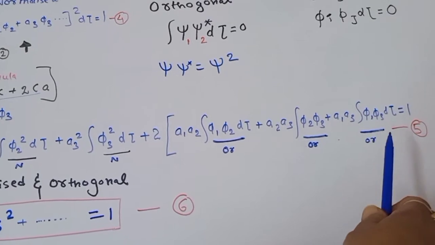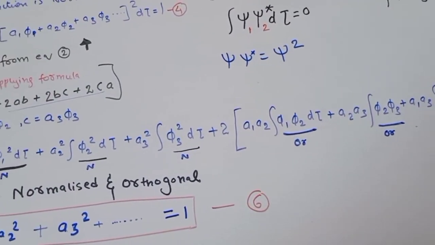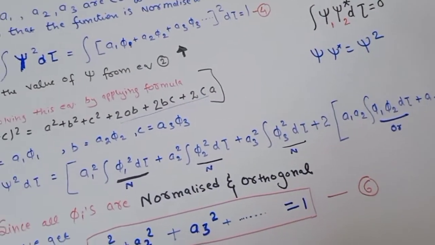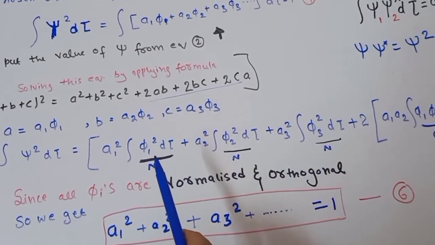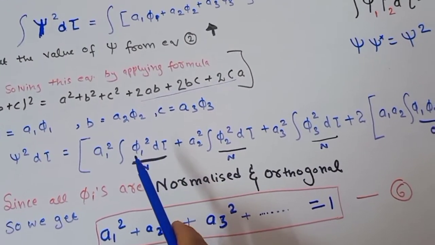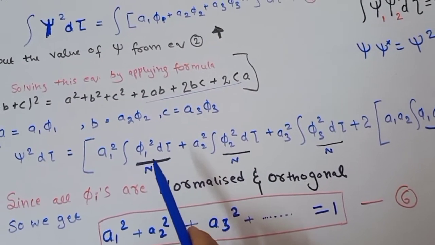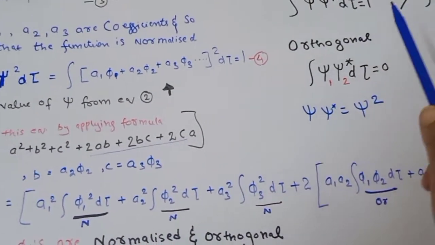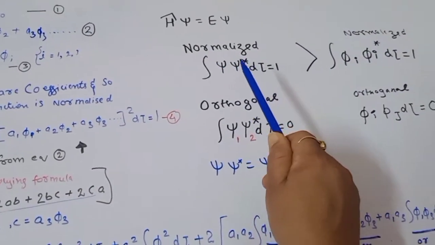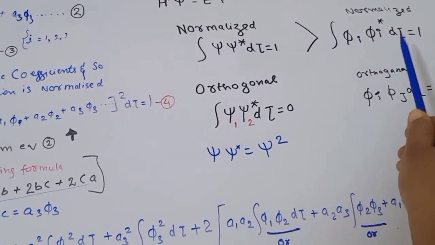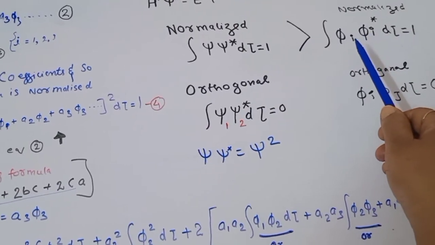So now when we are saying the integration of phi1 square d tau, this function is the value which is equal to 1. If these are same, phi1 star and phi1, the value equals to 1.